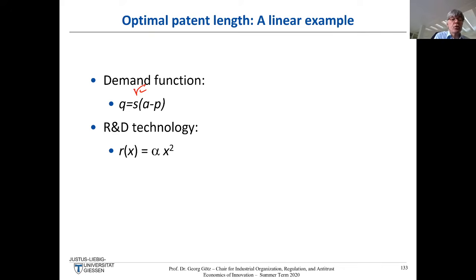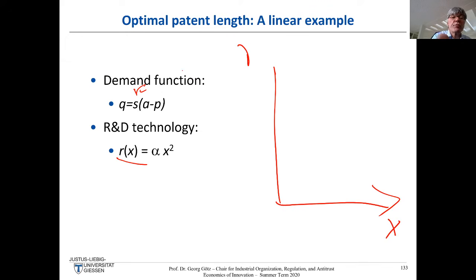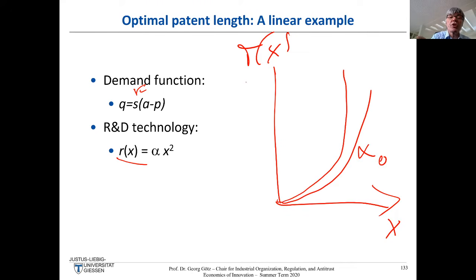And the R&D technology is also very easy. It's just proportional. So if you want to have something like this X, it looks like here, some alpha 0. And if we have a larger alpha, it doesn't look so nice because it shouldn't be backward bending. But here alpha 1 is greater than alpha 0, meaning just that to have the same cost reduction, you have to spend more.